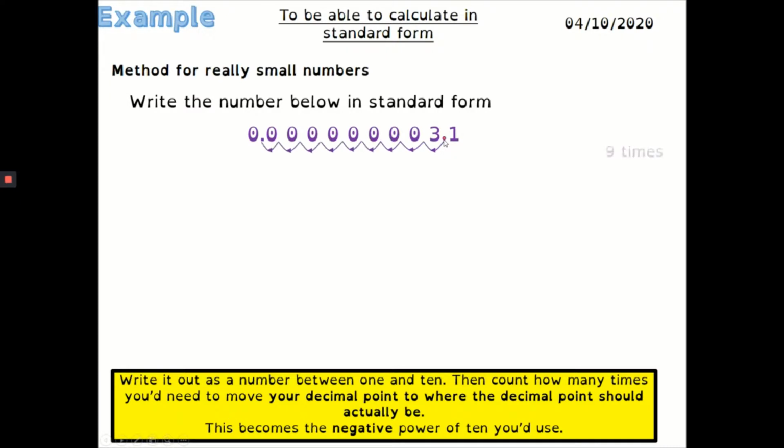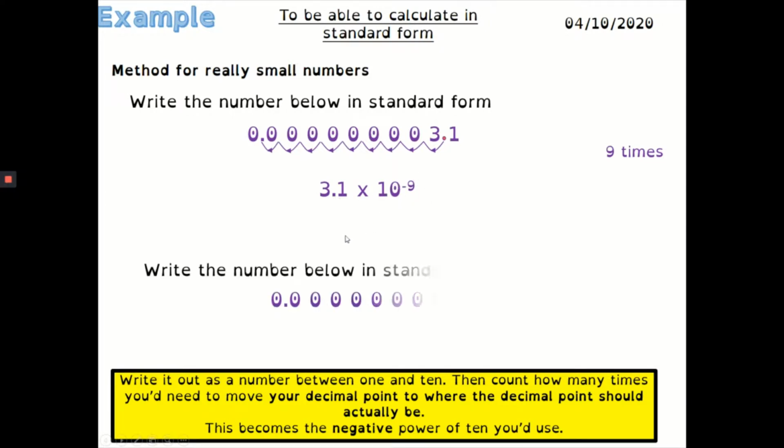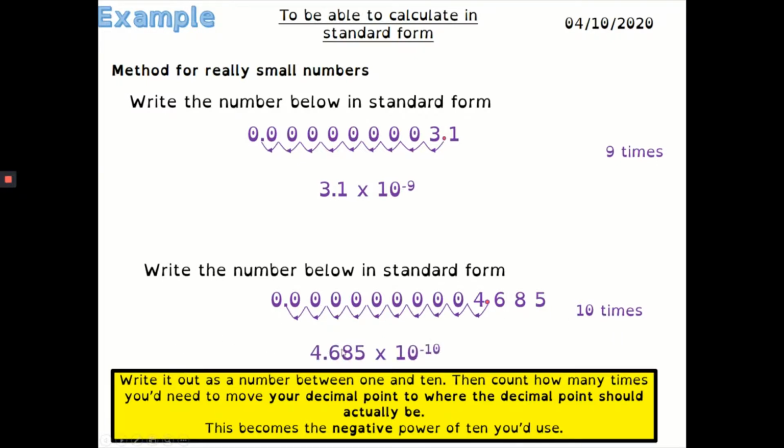I'd have to move the decimal point 9 times, so I call it 3.1 times 10 to the power of negative 9. Here, I call it 4.685. I'd have to move the decimal point 10 times, so I call it 4.685 times 10 to the power of negative 10.